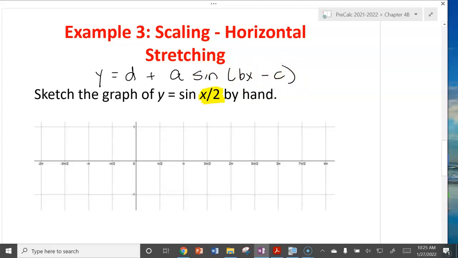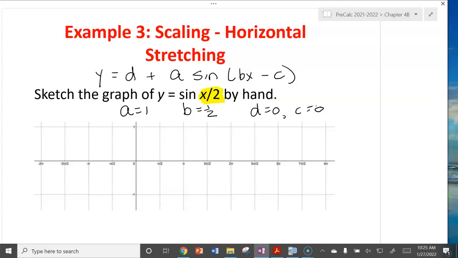What we have in here is a b. This is b, and b equals 1/2. Also, a equals 1, and I don't have a d or a c. D equals 0, c equals 0. So I don't have any phase shifts. I'm just going to scale horizontally.